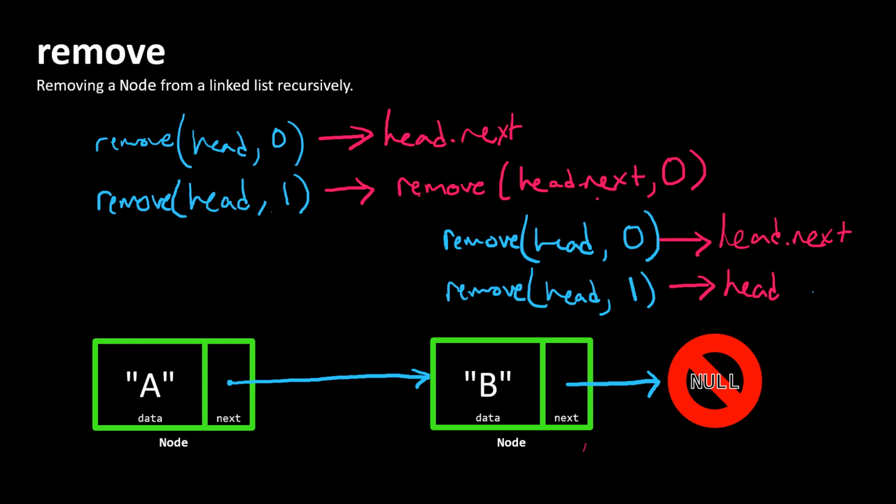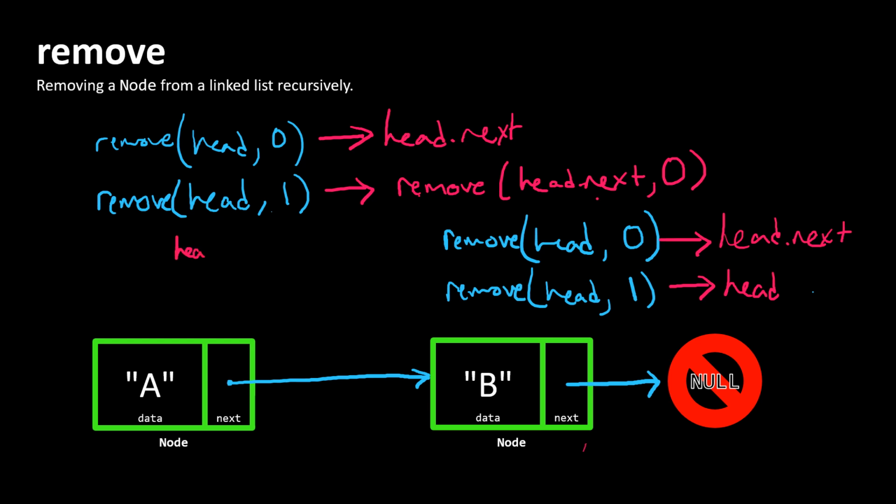Well, there's a neat trick here, and that neat trick is this. When we make this recursive call, remove on head.next, we want to take the value that's returned by this call, which is going to be the next node, and assign that to head's next. Right? So let me just write this out.